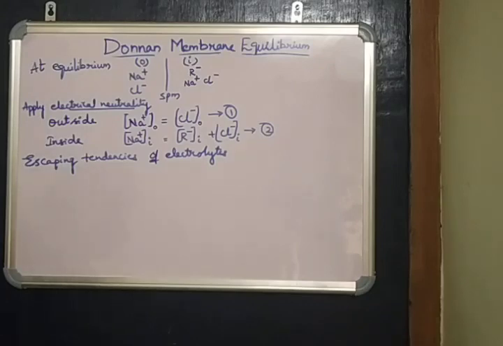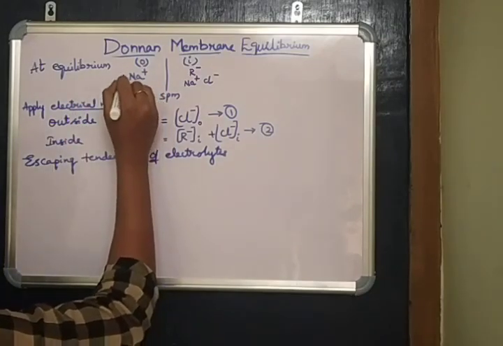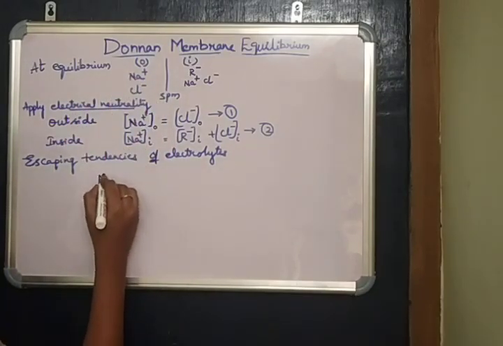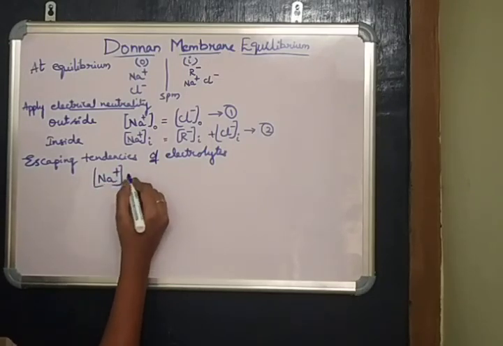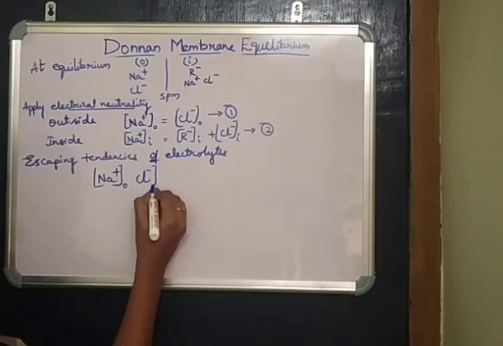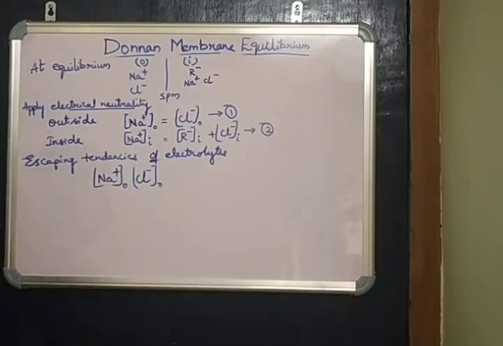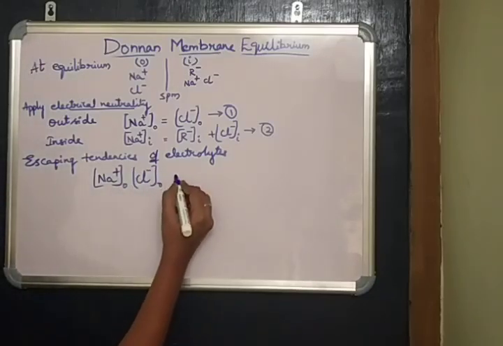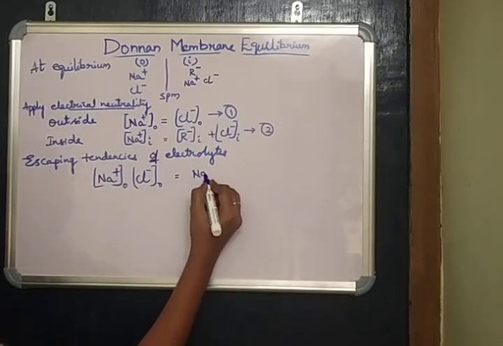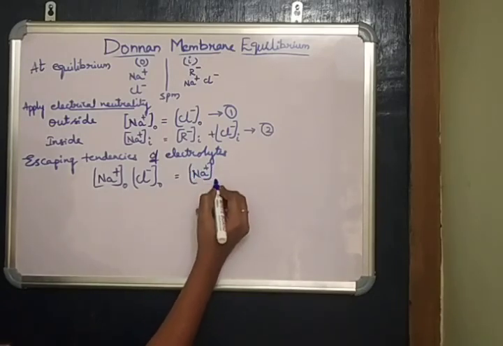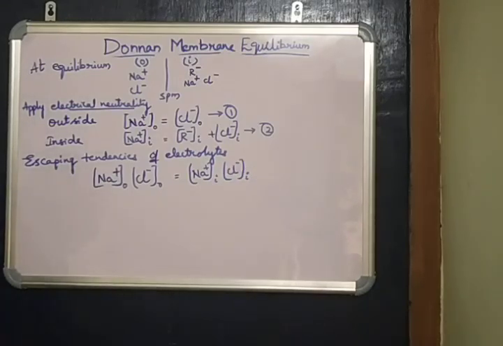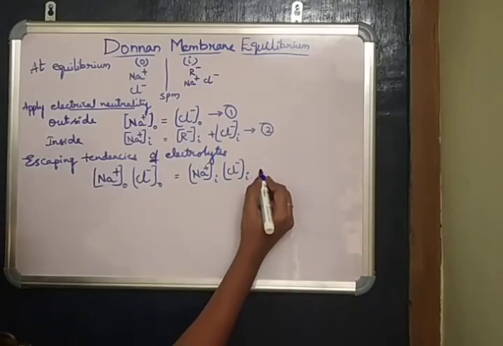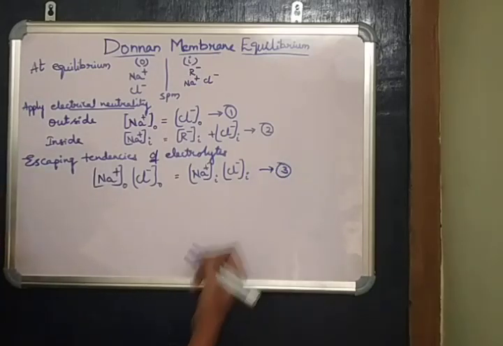For this, we write the concentration of electrolytes, that is Na plus and Cl minus ions. Both sides are equal: the concentration of Na plus outside times the concentration of Cl minus outside is equal to the Na plus concentration inside times the Cl minus concentration inside. This is equation 3.